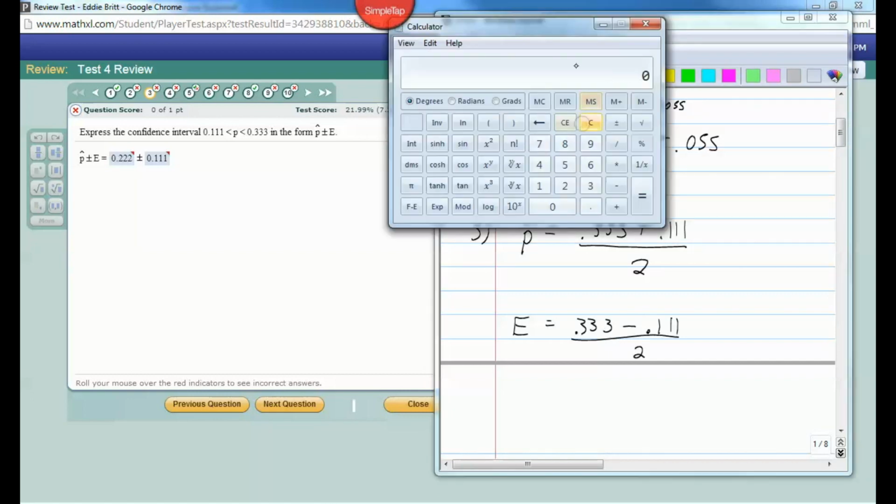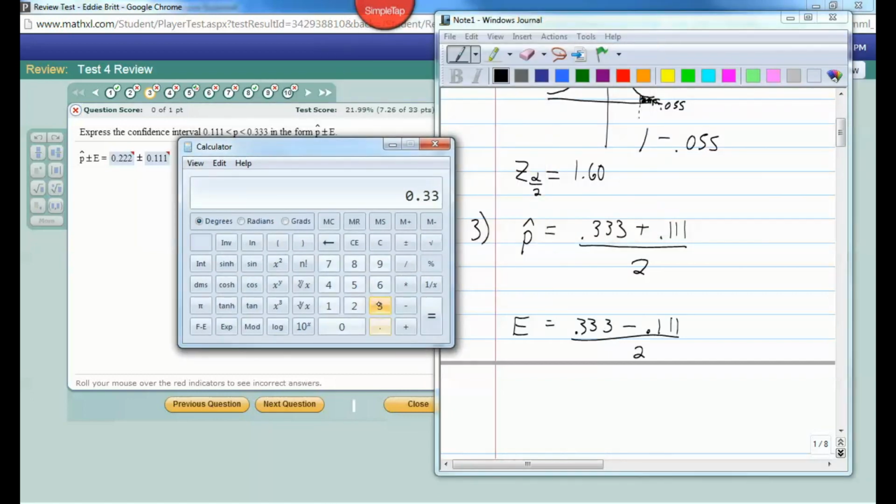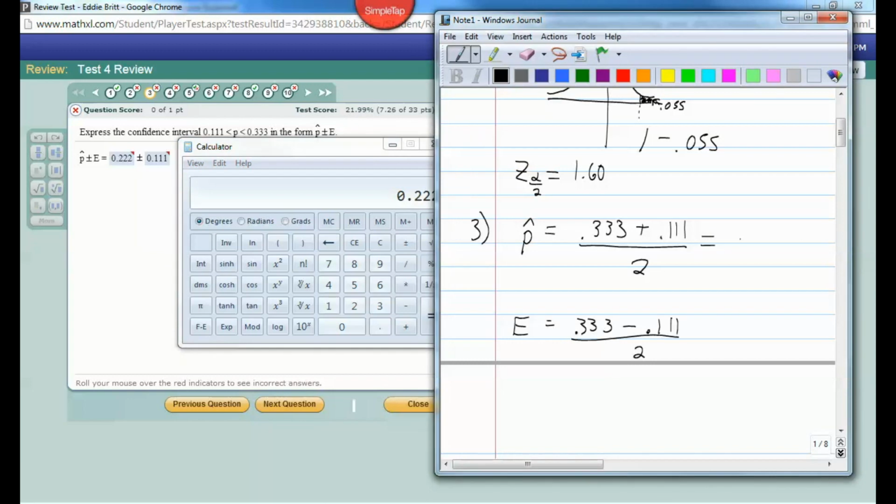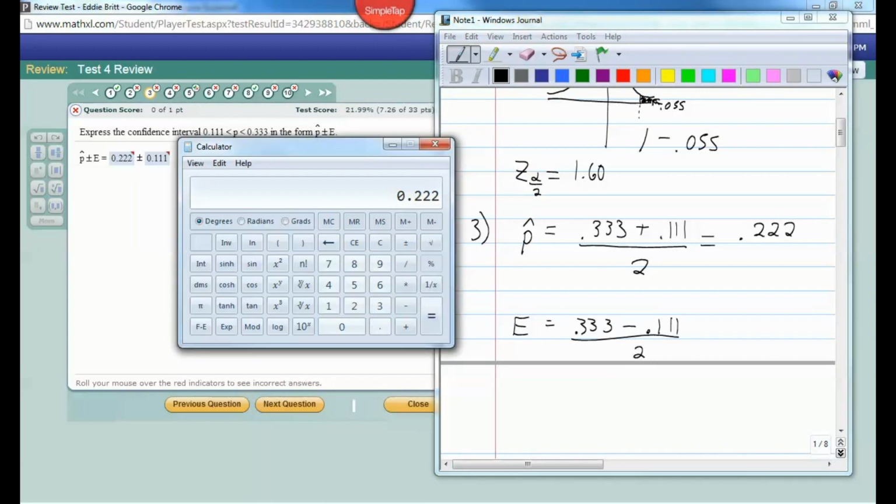Alright, so let's see what that is. So 0.333 plus 0.111 divided by 2. So p hat is 0.222. The margin of error, 0.333 minus 0.111 divided by 2.